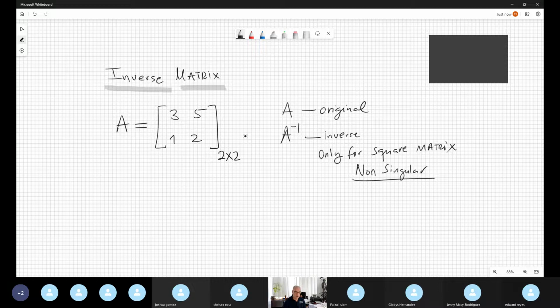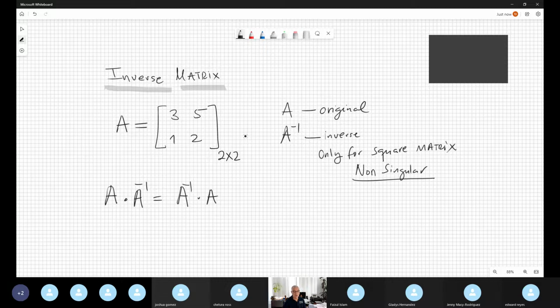Okay, so what is the most important property? The most important property is if you multiply the matrix A times its inverse, unbelievable but true, it is equal to the multiplication in opposite directions.